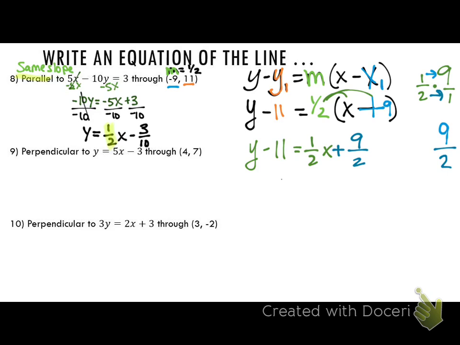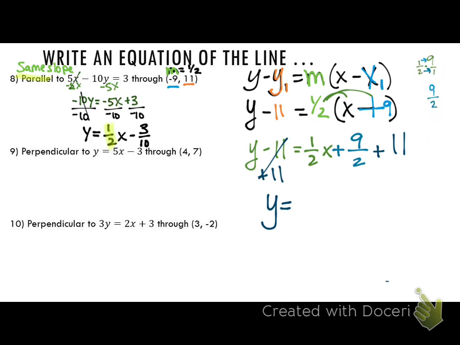All right, my next step, we're going to add 11. So instead of writing it like this, because this will not be helpful, I'm going to write the 11 off to the side, because if you remember, you can't add fractions unless they have the same denominator. What denominator does 11 have? 1.